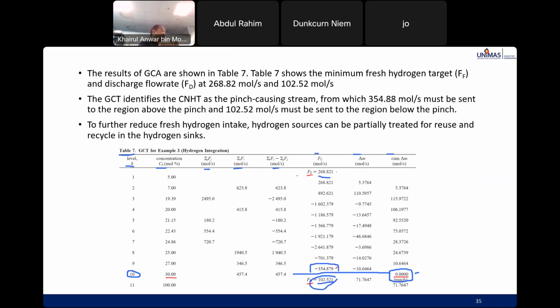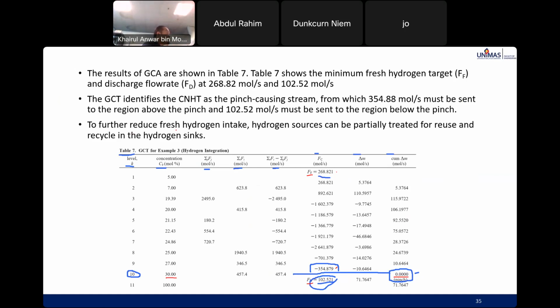So it will require further reduction of fresh hydrogen intake. In this case, it's not sufficient. So how to reduce it? We need to purify the stream.